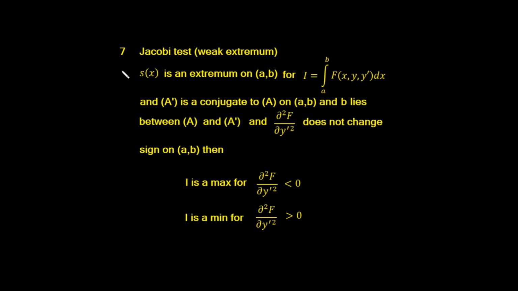We then looked at the Jacobi test for weak extremum, and this is similar to the Legendre test, but we add on one proviso, and that is that the conjugate point a' doesn't lie within the interval ab, it must lie outwith it. Given that that's the case, then the rest of the Legendre test conditions apply, and we can say that I is a maximum for partial squared f by partial y derivative squared less than 0, and it's a minimum for partial squared f by partial y derivative squared greater than 0.